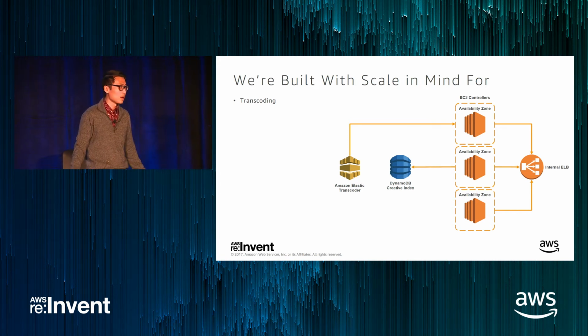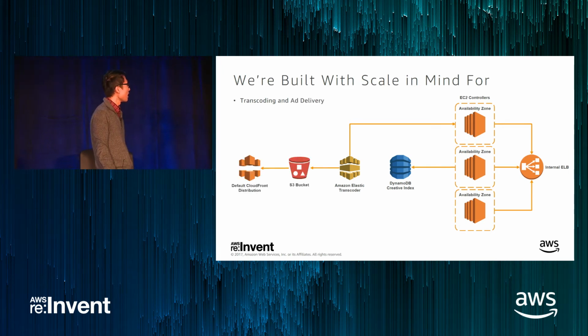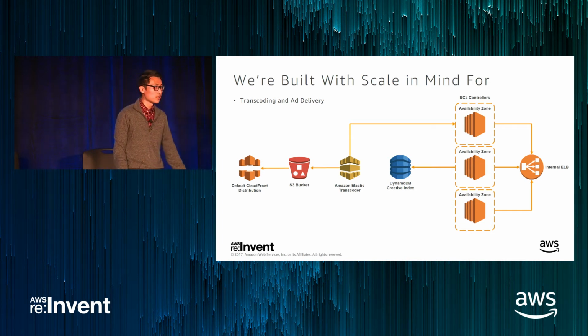And our queue is provisioned to have many parallelizable jobs that can be executed at once. So from there, we start transcoding the ads. And once those transcode jobs are done, we push it out to S3 in a multi-tenant bucket. And from there, we distribute everything through CloudFront for low latency and global distribution.